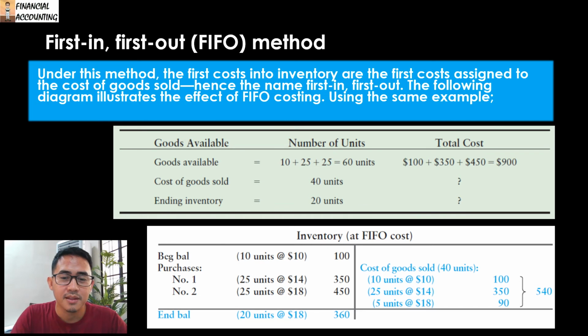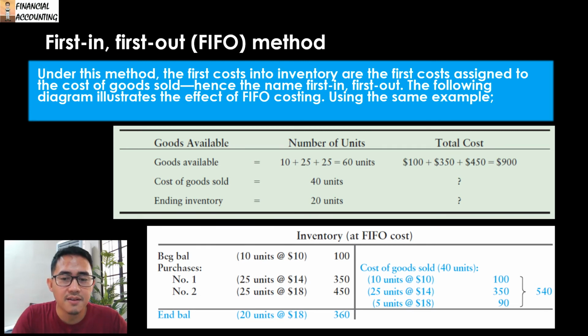If your beginning balance is exhausted, your next item would be the first purchase. And after the first purchase is exhausted, the next would be the second purchase. In this case, our sold items are 40 units. So we'll now identify where those 40 units came from.